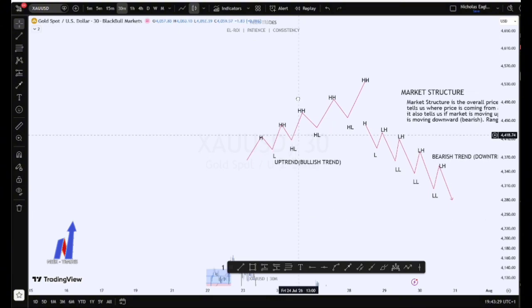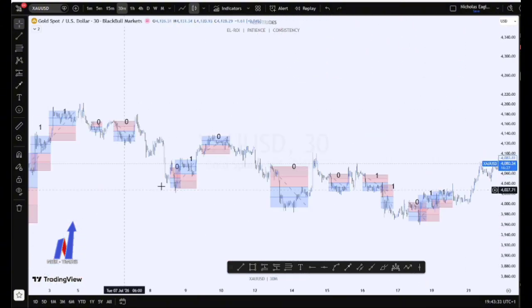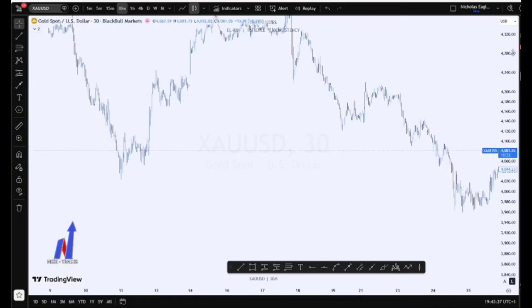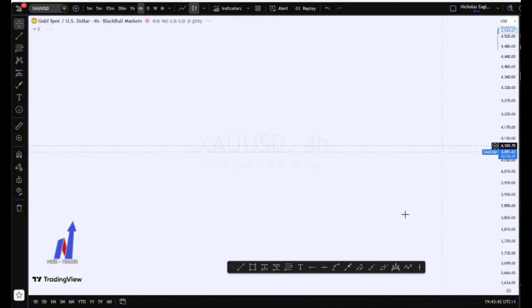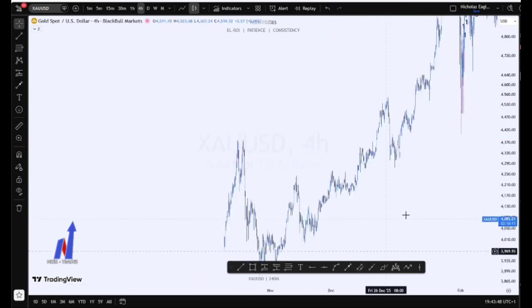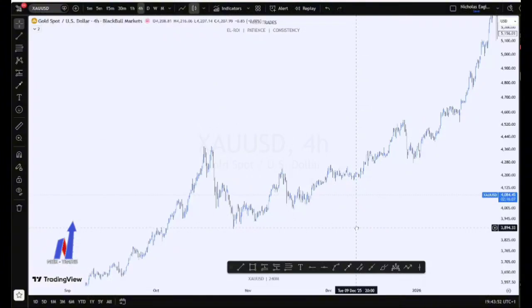So let's head into the chart. I don't want this class to be long, so we'll be as fast as possible. Okay, so now as you can see from this range here, let me indicate it.